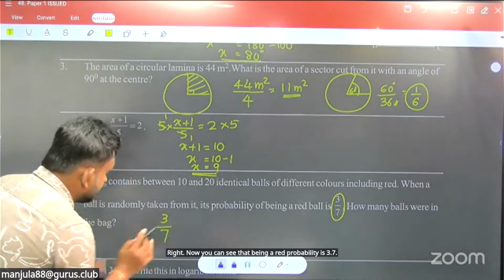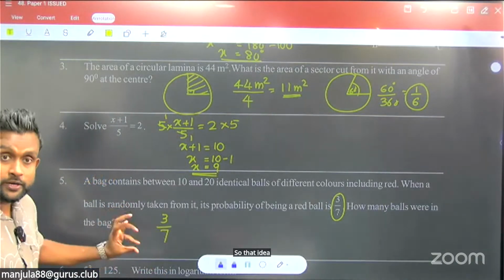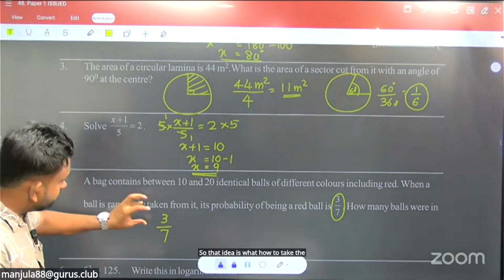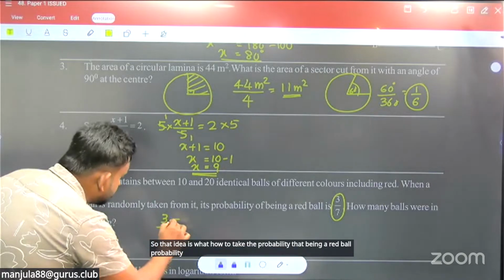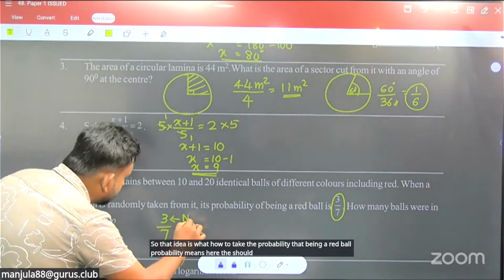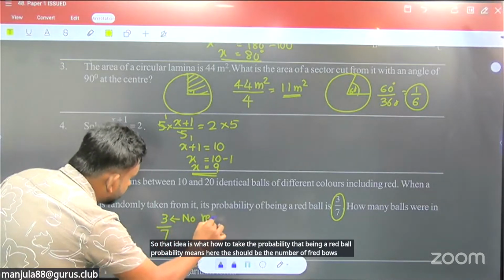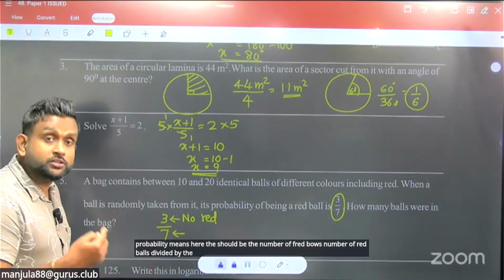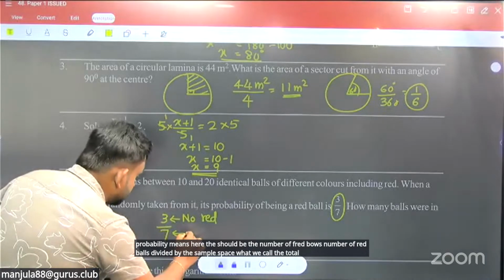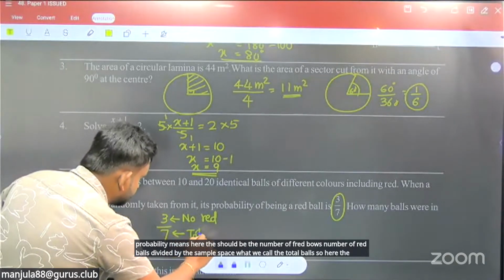So what is the idea? How to take the probability? The probability of being a red ball means the number of red balls divided by the sample space, what we call the total number of balls.